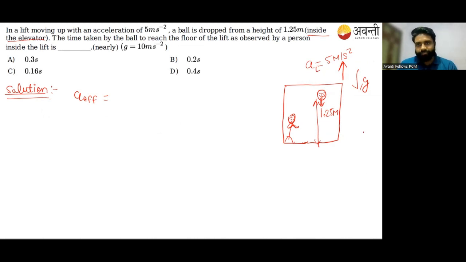If I am inside the lift, this is the same case as two vehicles, let's say vehicle 1 and vehicle 2, moving towards each other. If you are sitting on vehicle A, vehicle B appears to you to be moving at a much faster rate.